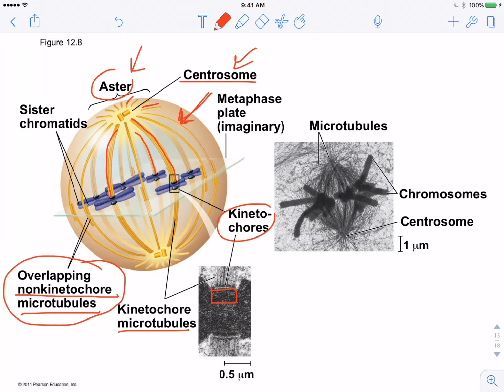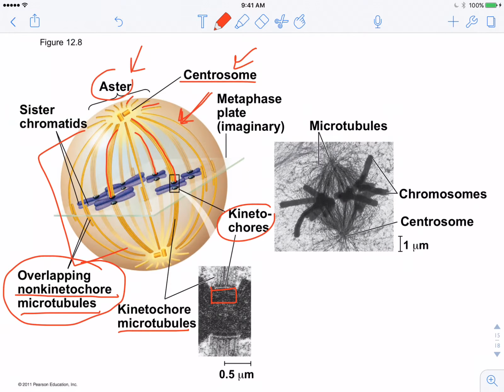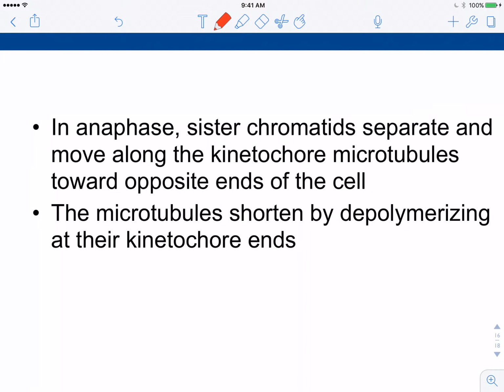And what they do is they basically hold the entire structure in place. Okay. Once you have everything arranged at the metaphase plate, the cell transitions into anaphase when the sister chromatids let go of each other.